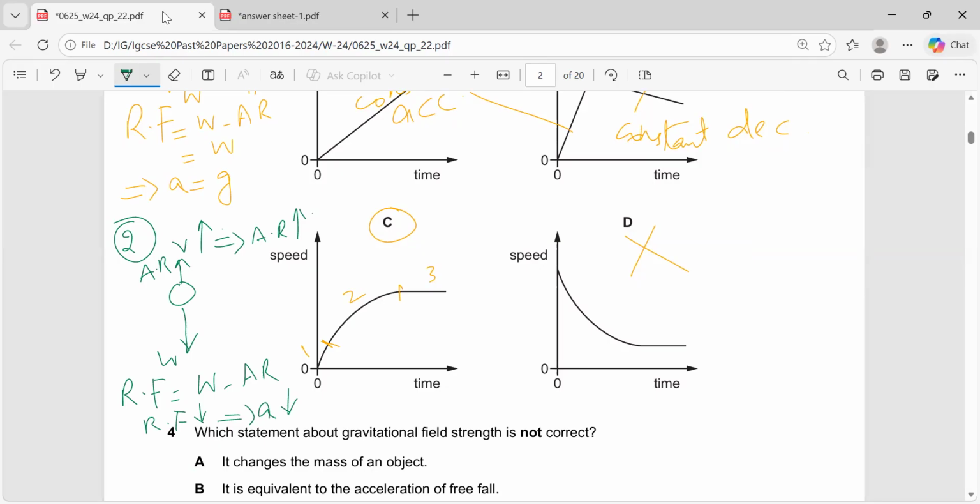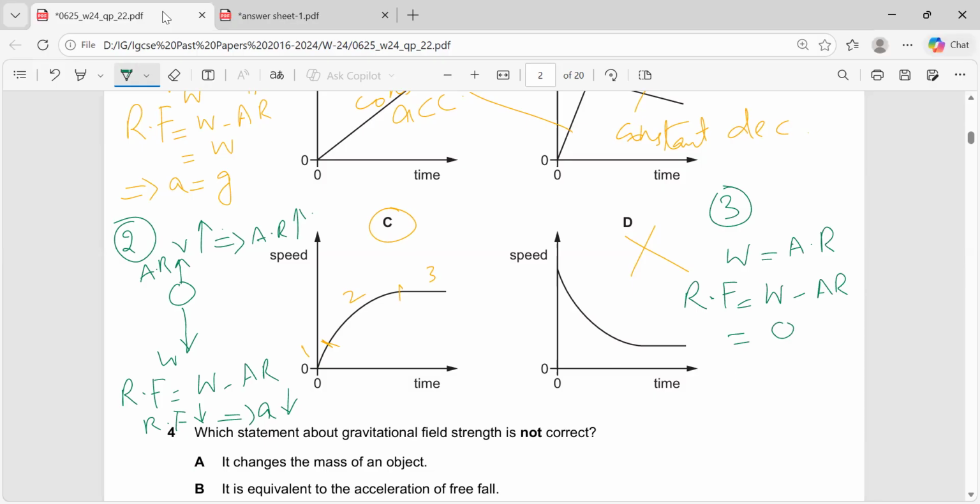Then, my dear friends, the third part. When the speed keeps on increasing, a stage will come when weight becomes equal to air resistance. Then the resultant force, weight minus air resistance, will become 0.